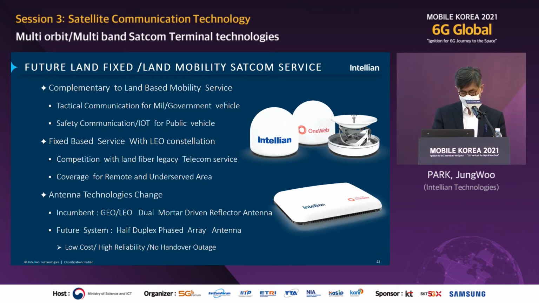To support this service, dual antenna terminal and phased array-based flat panel antenna technology will be adopted for minimum or high-end B2B services. Still, dual parabola reflector type antenna will be dominant, but for consumer-level services, flat panel antenna technology is baseline.